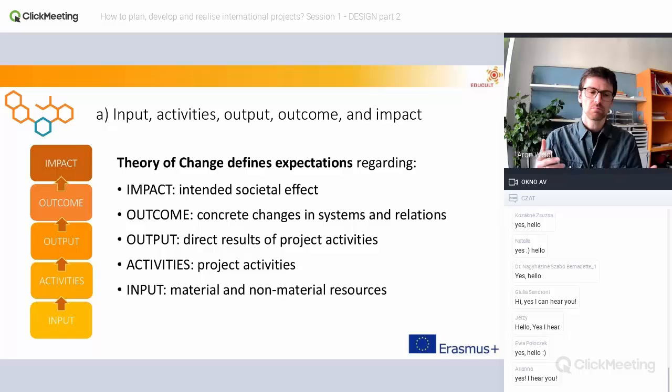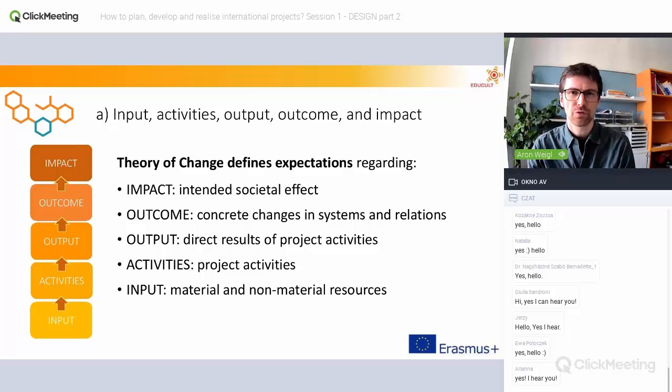We often use this kind of tool or method to define our impacts, outcomes, outputs, and so on for the projects. And this tool is called theory of change, which in my view very well describes the project logic and what you want to reach and how to reach it. This is for sure a method you can use in all projects.